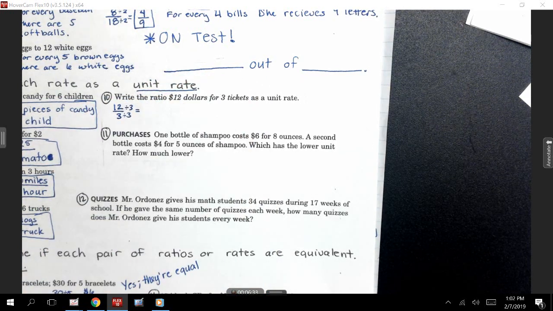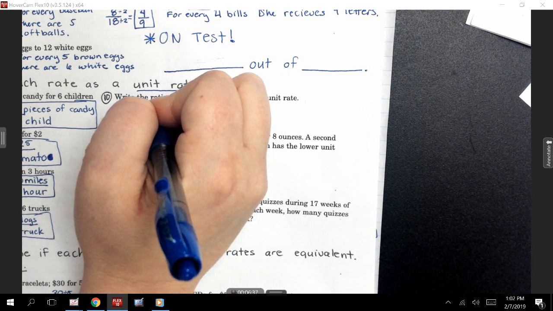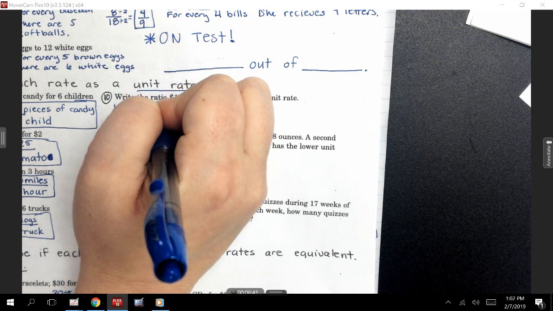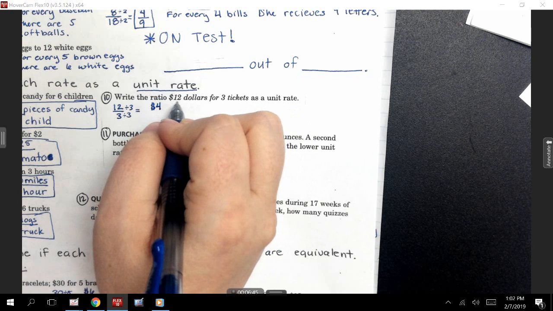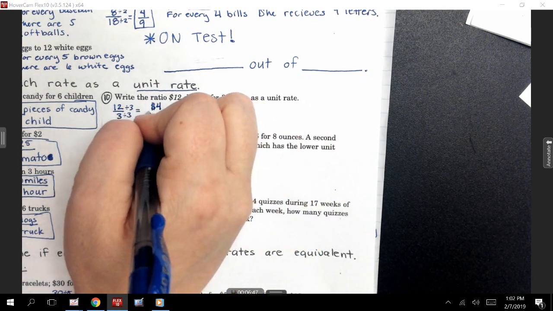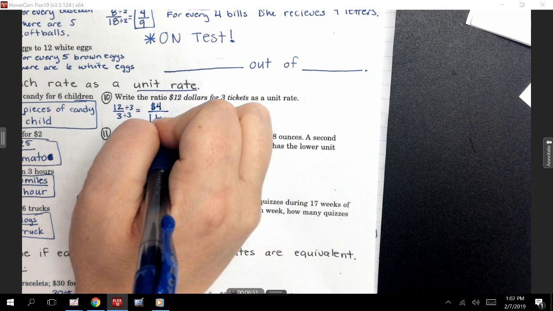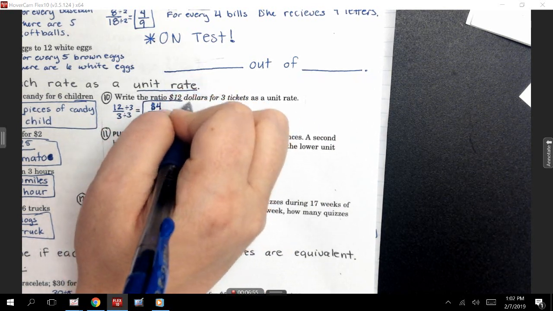What is my unit rate going to be? $12 for 3 tickets, over 1 ticket. We got to make sure we have that description in there because it's a rate.